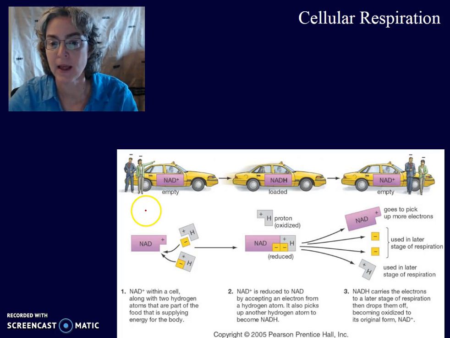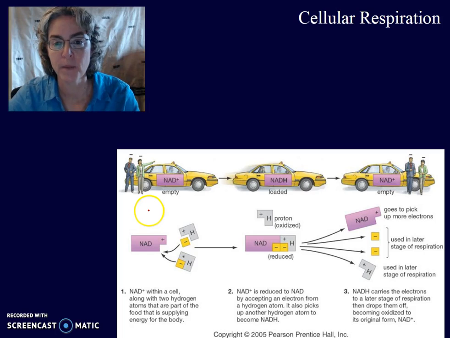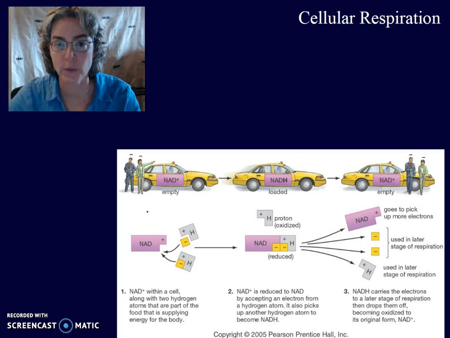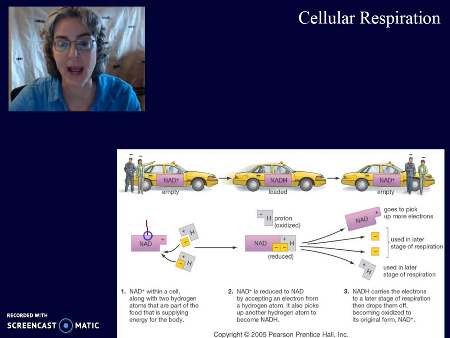They are then transported into cellular respiration and in the glucose molecule, and then transferred to our NAD+.